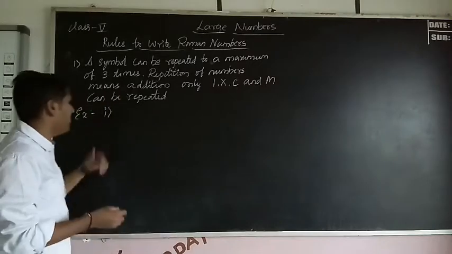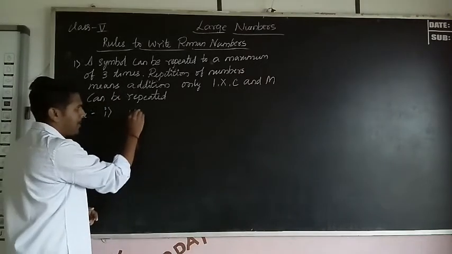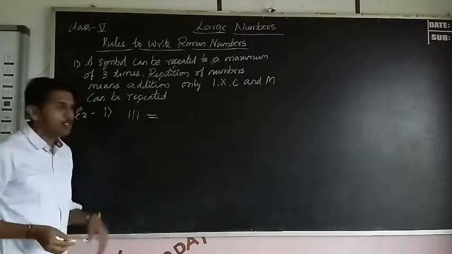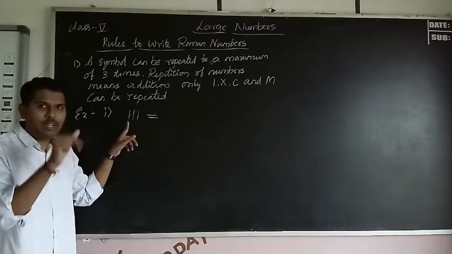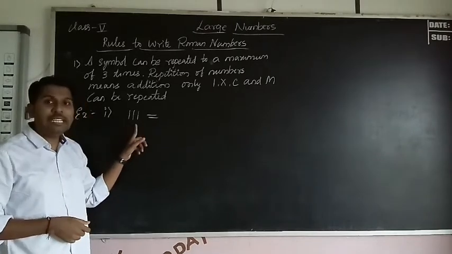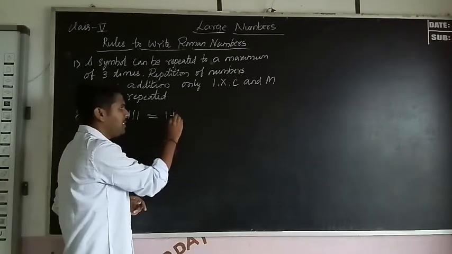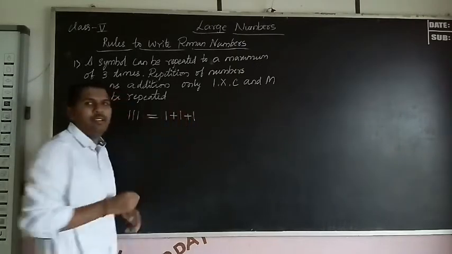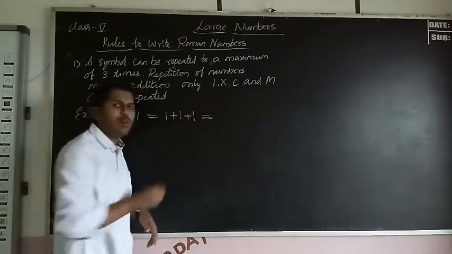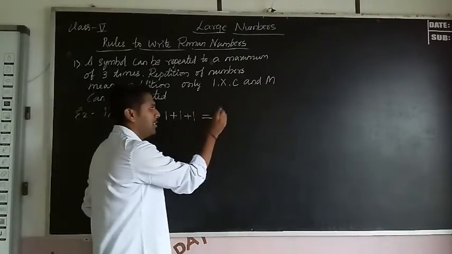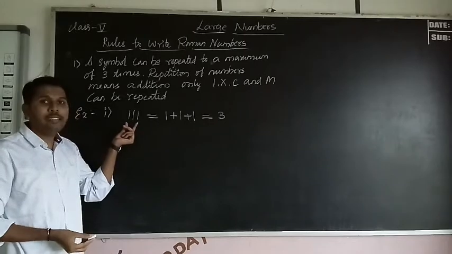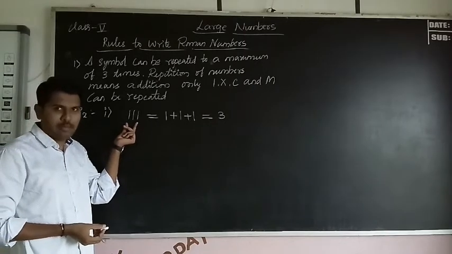Take one example here. I means 1. Here how many times is it repeated? 3 times, maximum 3 times. That means 1 plus 1 plus 1, which is 3. So this is 3 in Roman numbers.